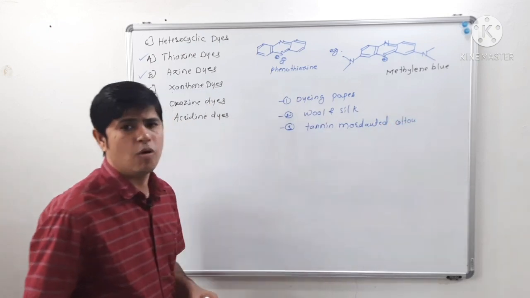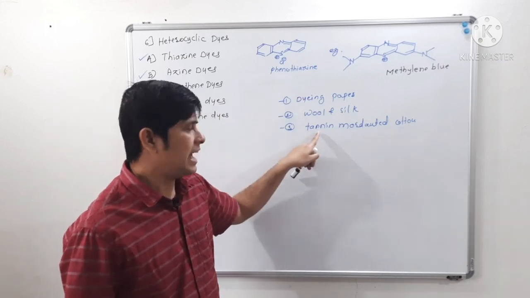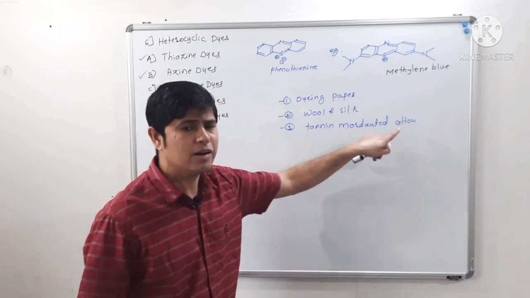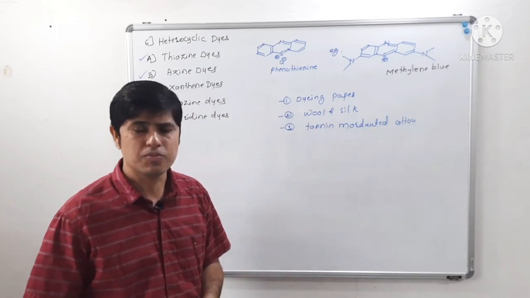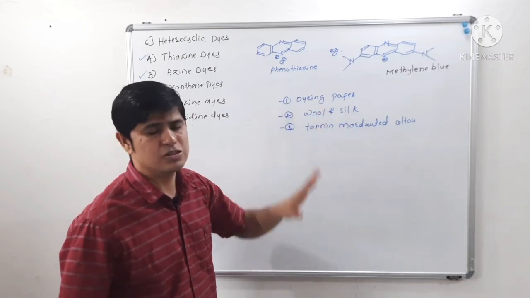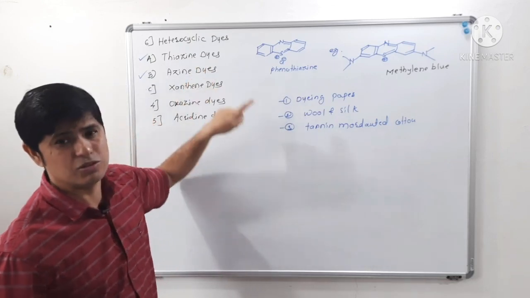Tannin is a mordant. So this dye is used for dyeing tannin mordanted cotton, wool and silk, and also paper. So these are the uses of thiazine dyes.